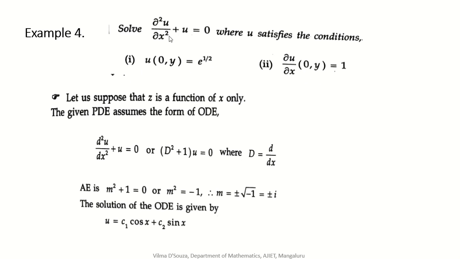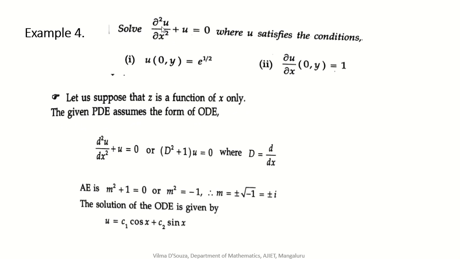Now, to solve this partial differential equation, as I have done earlier, let us suppose that u is a function of x only. The given PDE assumes the form of an ODE.